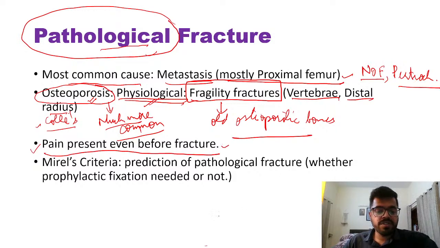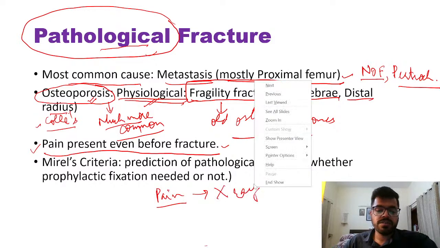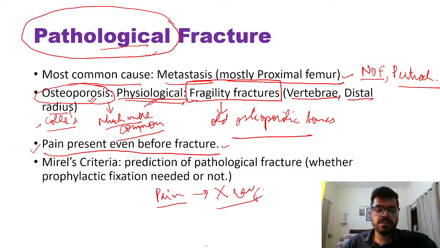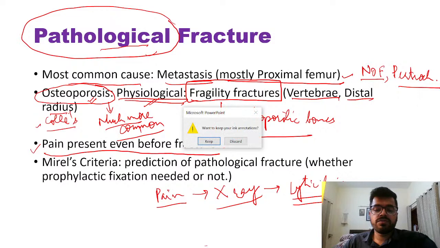So the patient presents to you with pain. And as usual, being an orthopedician, you get an X-ray done without asking anything. So on the X-ray, you see there's a lytic lesion. Then you will have to decide whether to fix this or not.